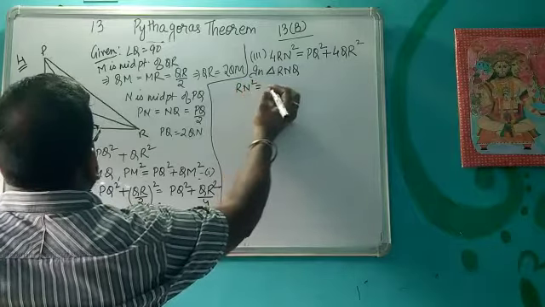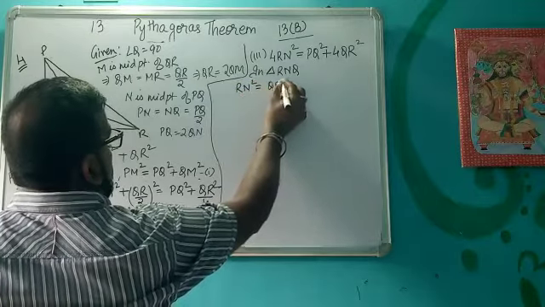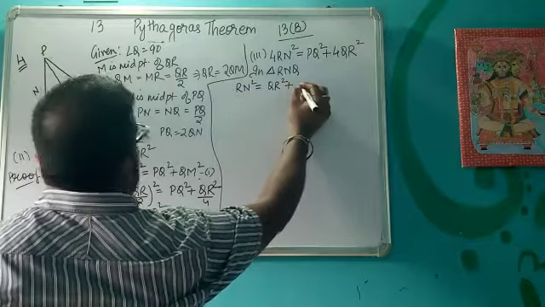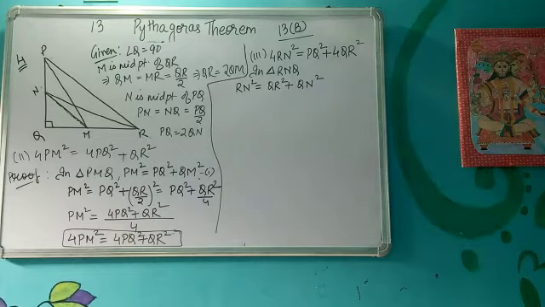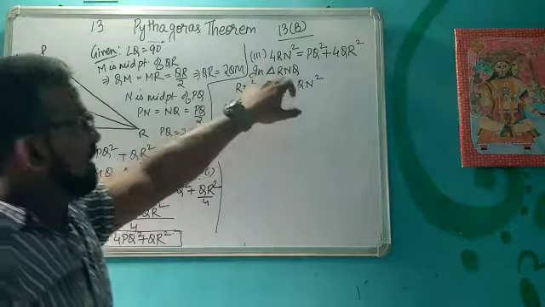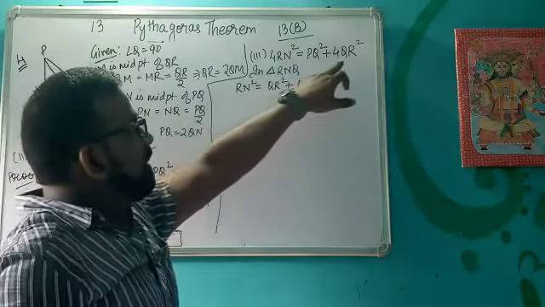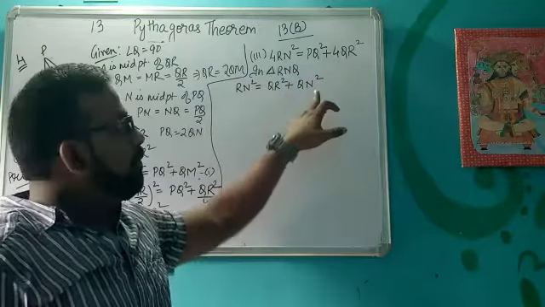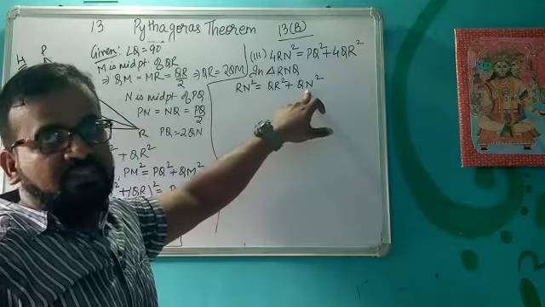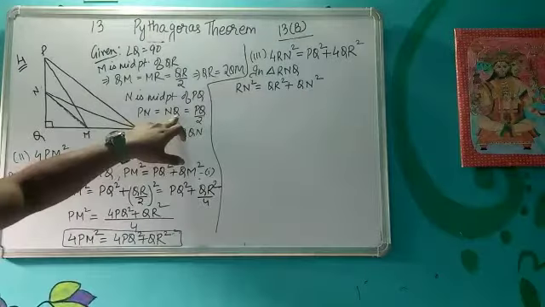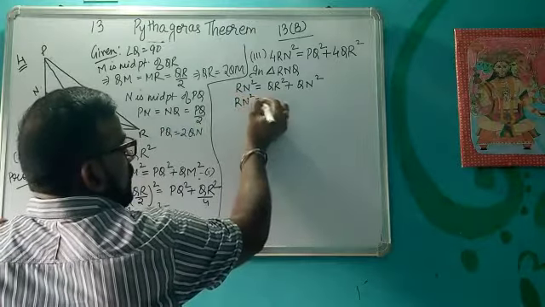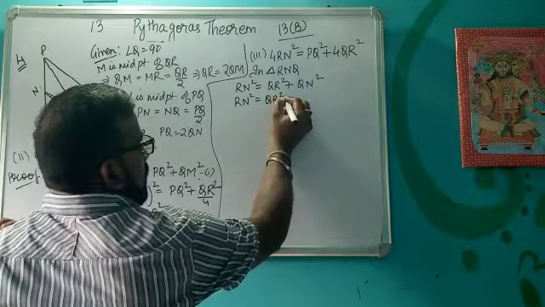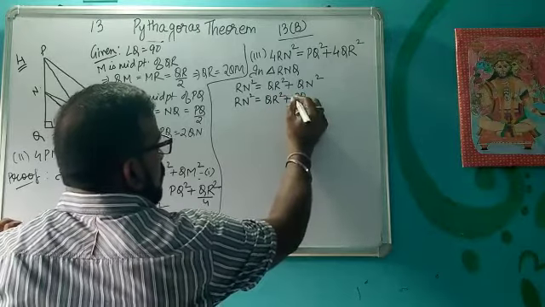RN square is equal to QR square plus QN square. Okay. See, RN is there, QR is there. What we need is PQ. So I will replace QN by PQ by 2. So QN was equal to PQ by 2.